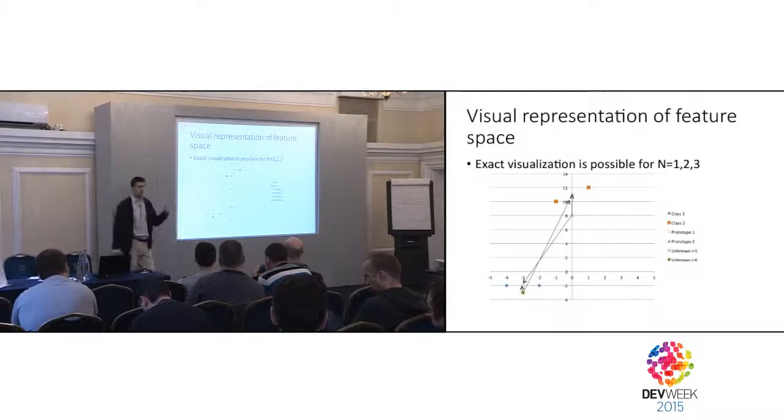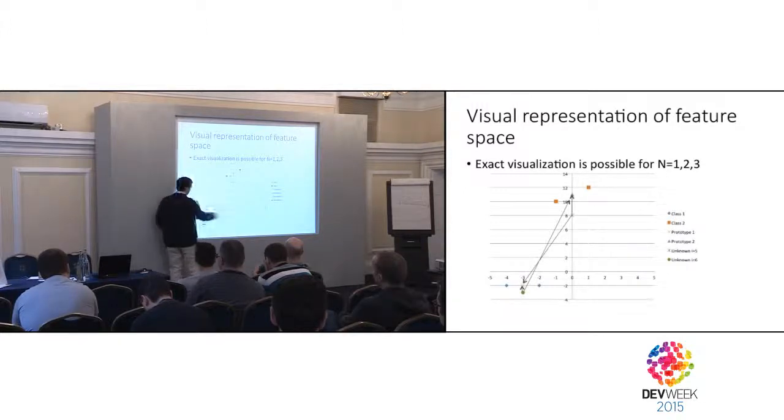Now, when we compute prototypes, that's an averaged feature vector for this class. Basically, we compute the so-called center of mass. If we had some kind of cluster with examples of a certain object, then somewhere in the middle of this cluster would be placed the prototype vector.